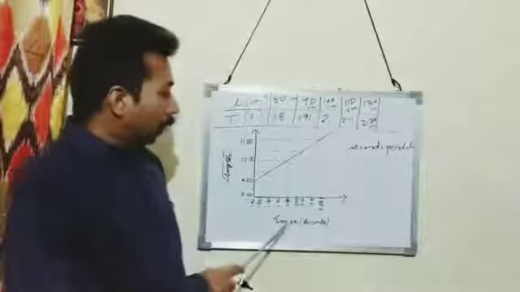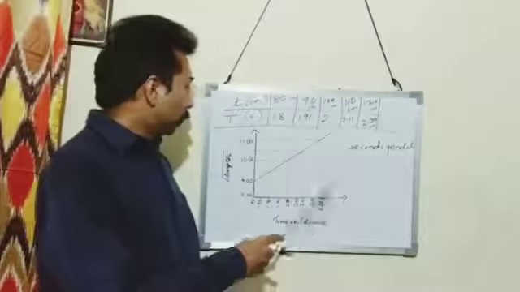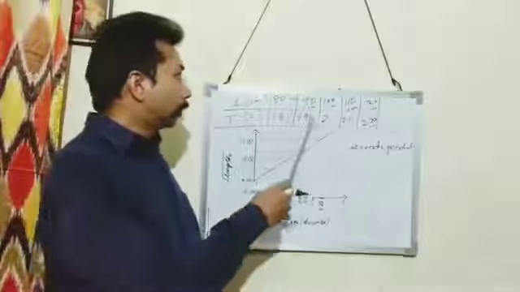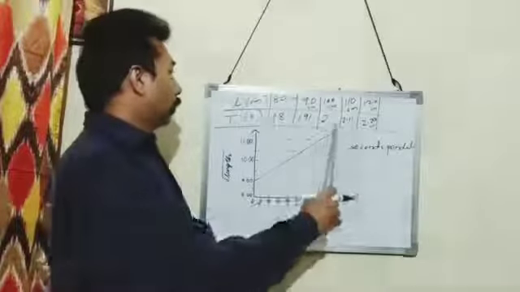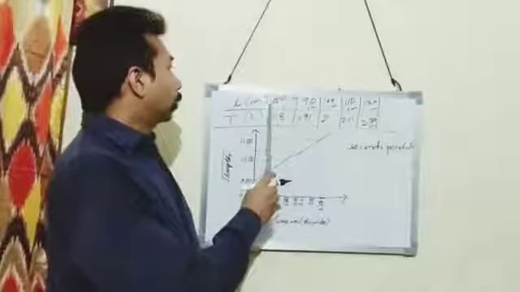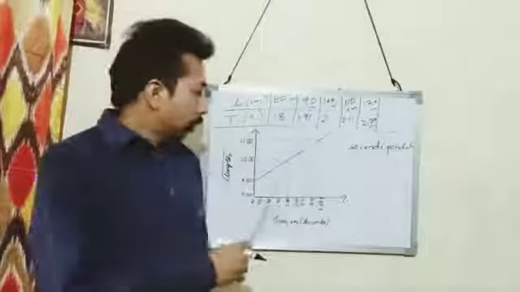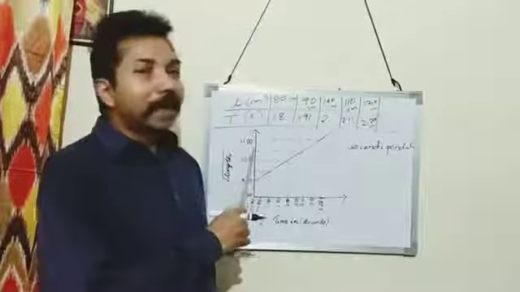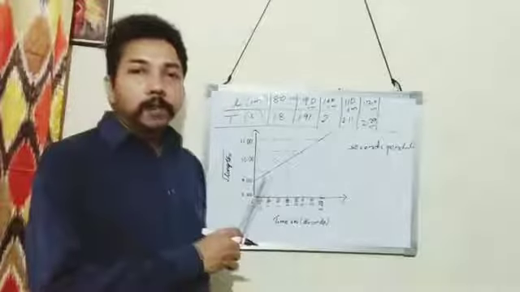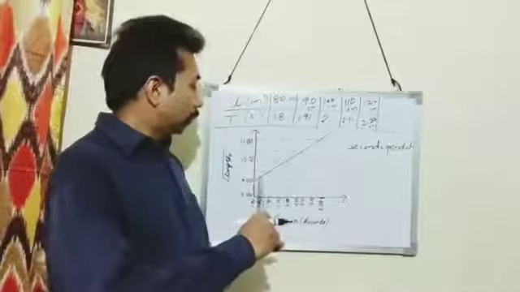If you draw a graph by taking time along the x-axis and square root of length along the y-axis, the values are square root of 80, square root of 90 and so on. These values are marked here. Then we get a graph as a straight line.